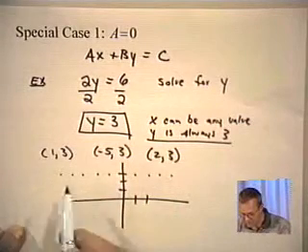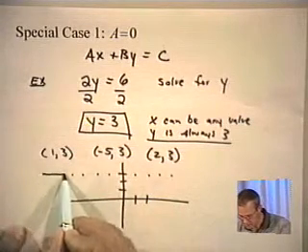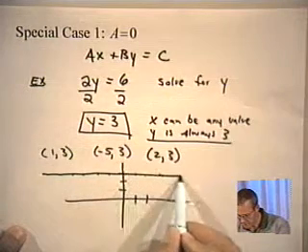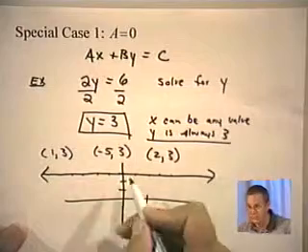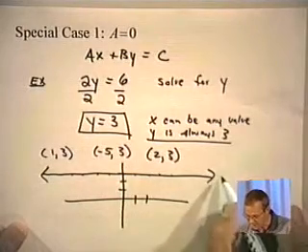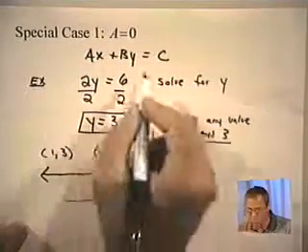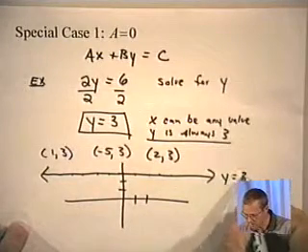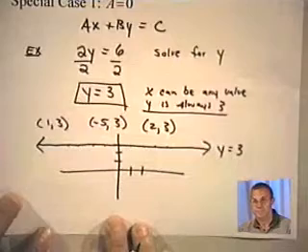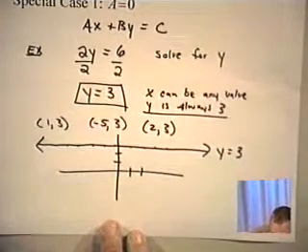Now notice what happens. I can see the pattern here is simply a horizontal line, 3 units up. This is the equation 2y equal to 6, or I'll just simplify it as y equals 3. Let's do another example.